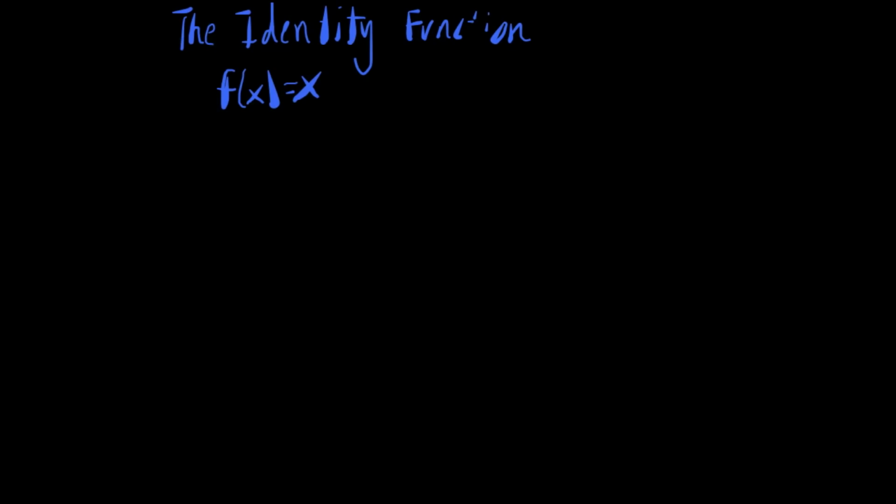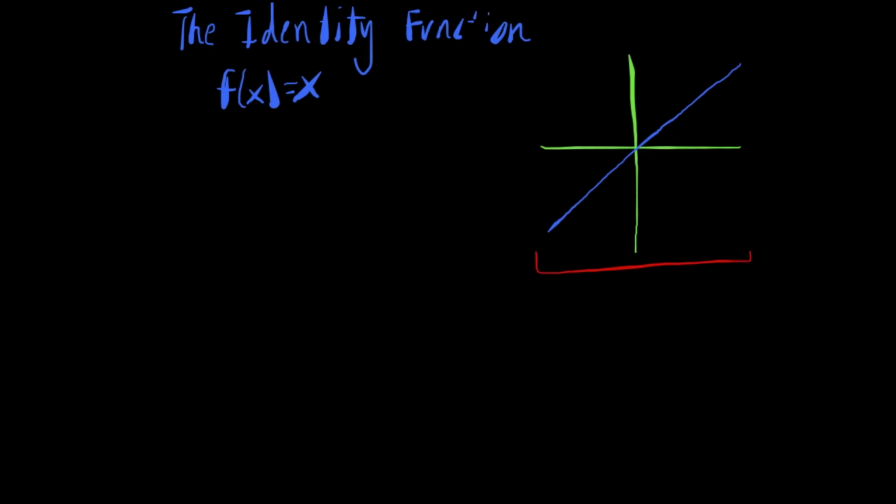It looks like this. The domain, as you can see, is from negative infinity to infinity, and so is the range. The y-intercept is 0, 0, also known as the origin.